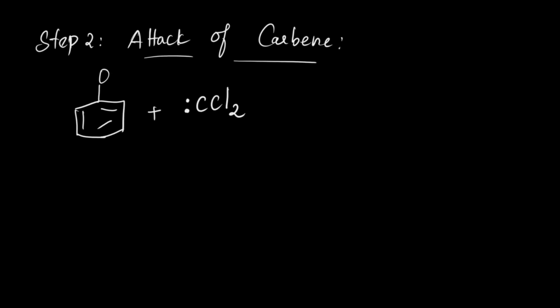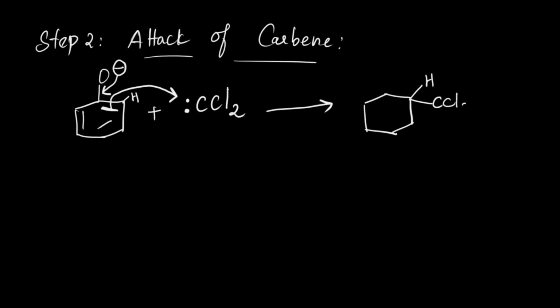Now, of course, the base is used which will take up the hydrogen. These electrons will attack the empty orbital of CCl2, and I'm having hydrogen over here. Why? Because oxygen minus is coming into the picture, which leads to the formation of the compound like this. H is already there, CCl2 has been formed with the minus charge, and remaining double bonds are intact.